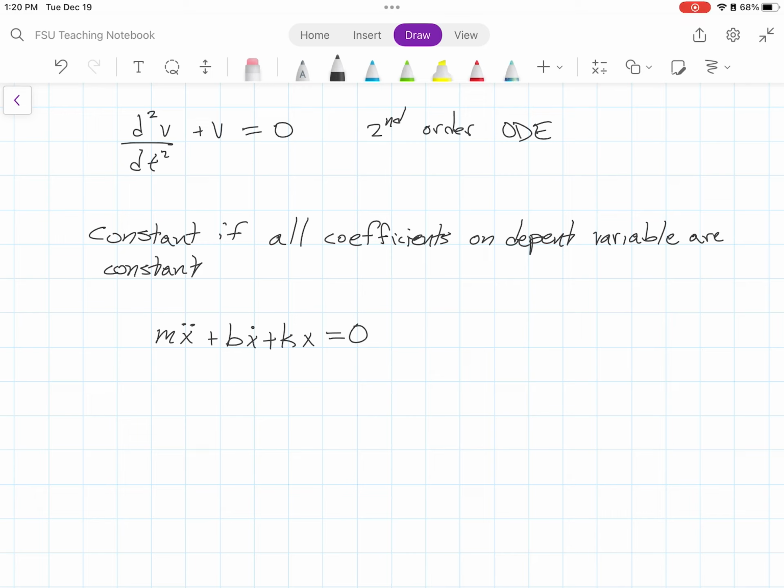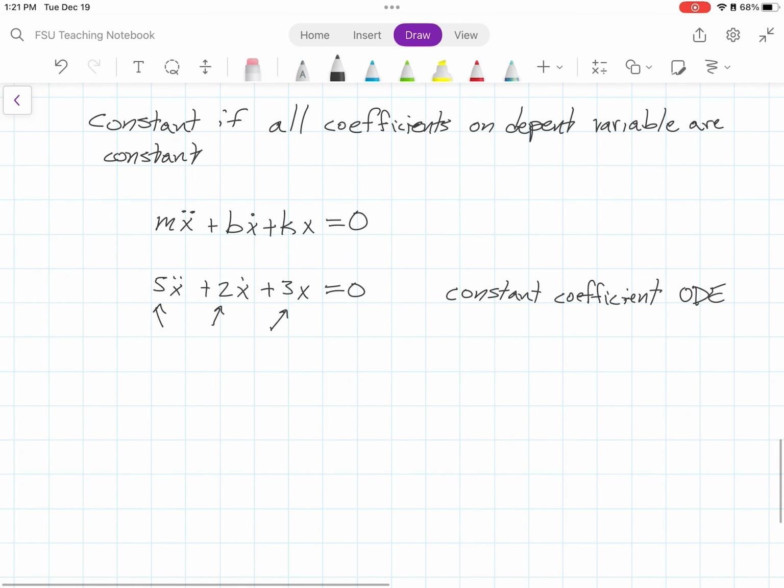If your mass, your damping, and your spring stiffness are all constant values, say it's 5x double dot plus 2x dot plus 3x equals 0. If these values are constants, like they are here, then this is a constant coefficient ODE.